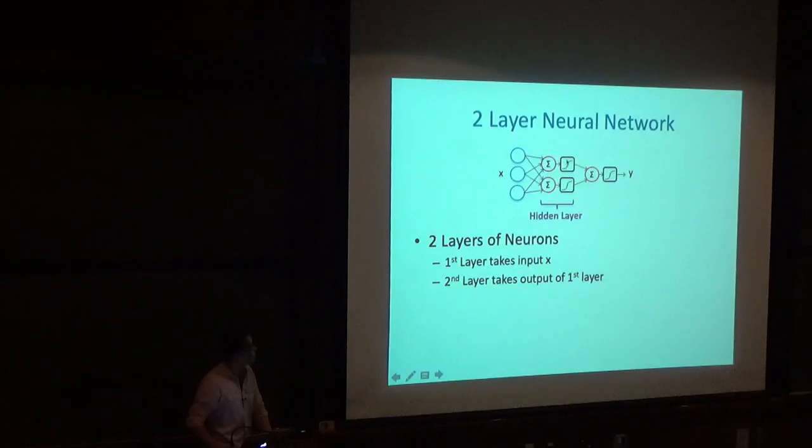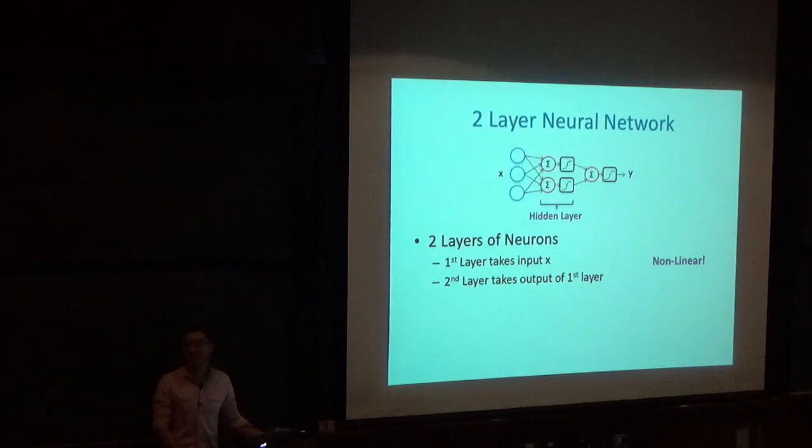And the outputs of these two neurons are fed into another neuron that does a weighted combination, a linear weighting of them, and then pushes that through another transfer function. The middle layer is also known as a hidden layer, because it is not the final output layer, nor is it the input layer. And there are really deep neural networks that have many hidden layers. But this is the basic idea behind artificial neural networks.